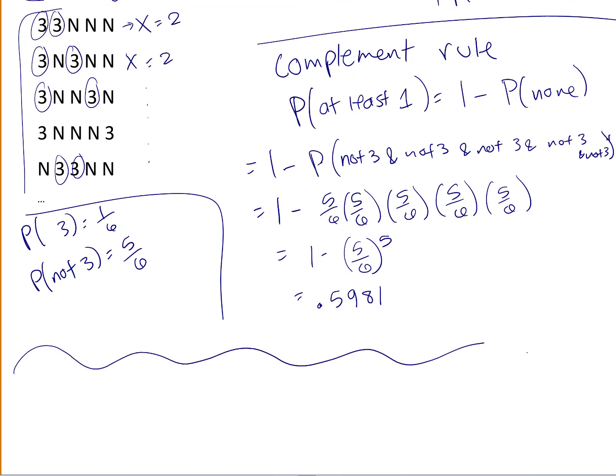So that's the complement rule. It makes it much, much easier than finding all 5 probabilities.